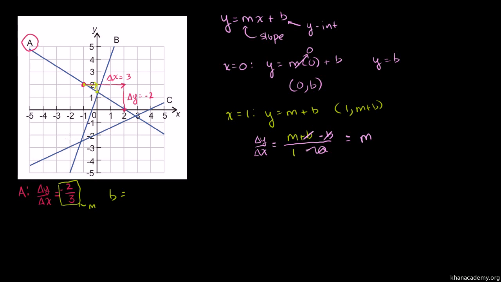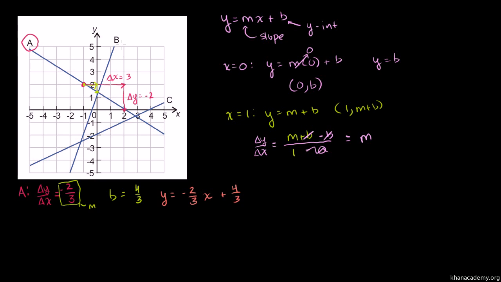That's the point y is equal to 4/3 right there, right? A little bit more than 1, but 1 1/3. So we could say b is equal to 4/3. And so we'll know that the equation is y is equal to m, negative 2/3, x plus b, plus 4/3. That's equation A.